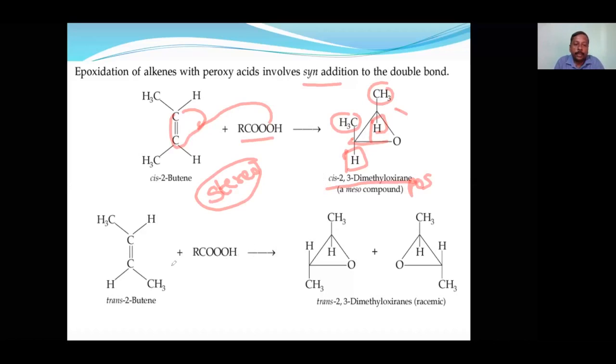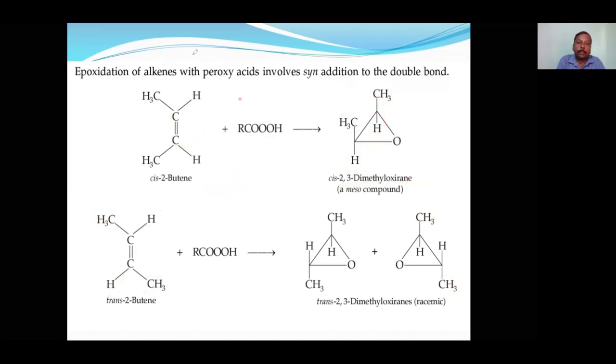Same way here, methyl and methyl are opposite, and after the reaction also methyl and methyl are opposite. Syn means trans will remain trans, cis will remain cis. That is called syn. Initially if it is trans, after that also it is going to be trans only.